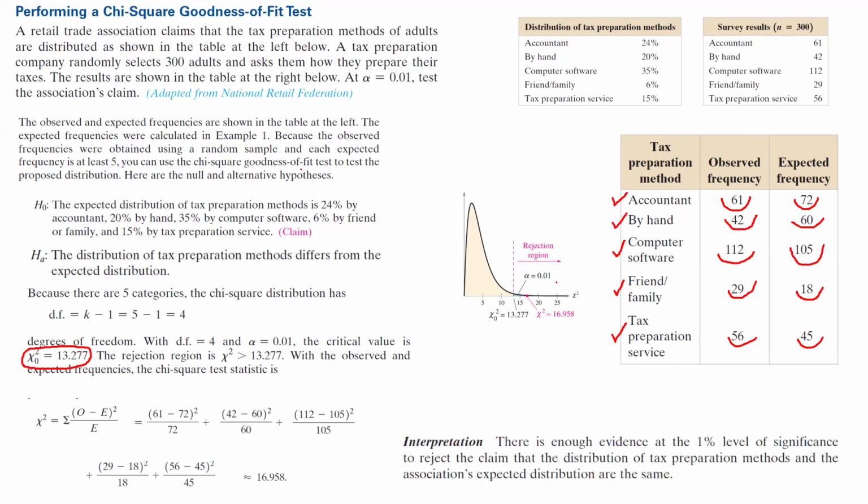It means that we reject the null hypothesis, or we reject the claim, because the null hypothesis and claim are the same thing. There is enough evidence at 1% level of significance to reject the claim that the distribution of tax preparation methods and the association's expected distribution are the same.